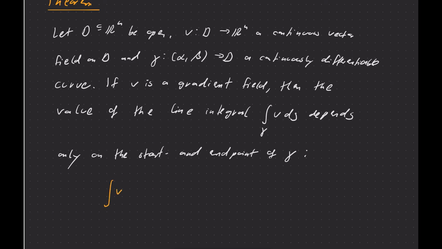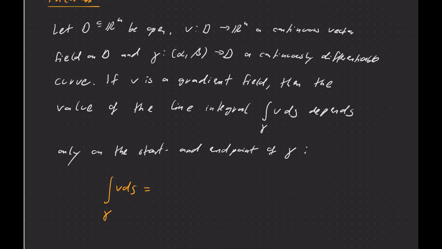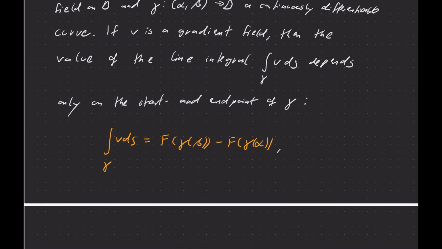And it can be computed as: the integral over gamma V ds is the potential F of gamma of beta minus the potential F of gamma of alpha, where F from D to R is a potential of our vector field V. And we call such an integral path independent.